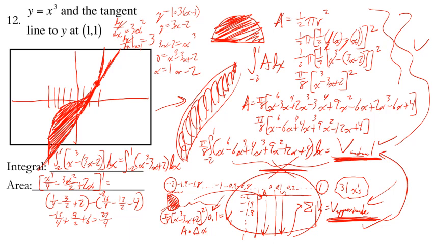Now, by the way, just some reminders. For those of you who have squares, don't forget that the area is the base squared. For those of you who have semicircles, your area will be pi over 8 times the base squared.